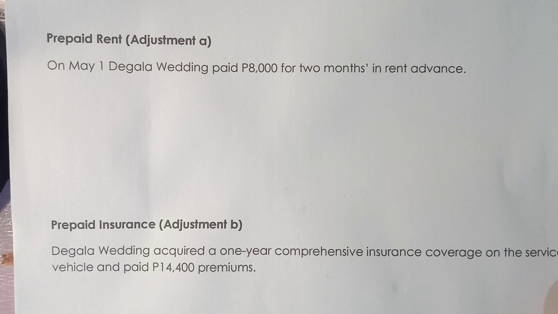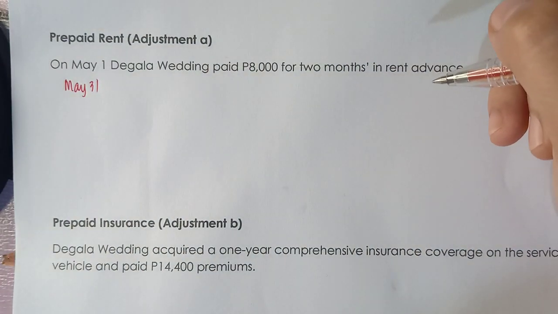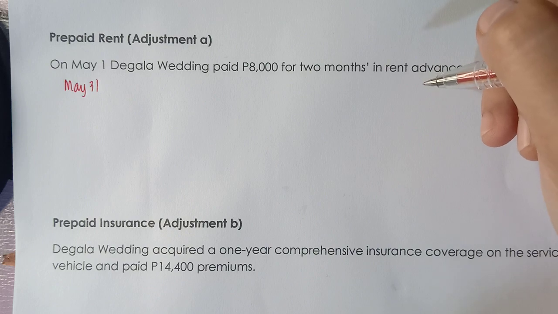This expenditure resulted in an asset consisting of the right to occupy the office for 2 months. A portion of the asset expires and becomes an expense each day. By May 31, what is the adjustment? On May 31, 1/2 of the asset had expired and should be treated as an expense.